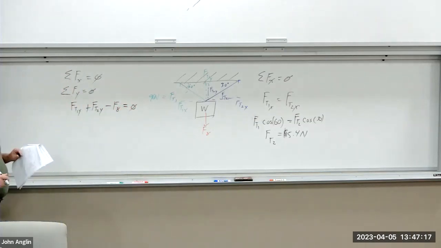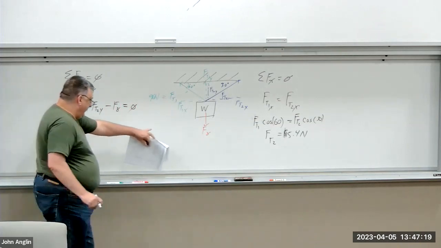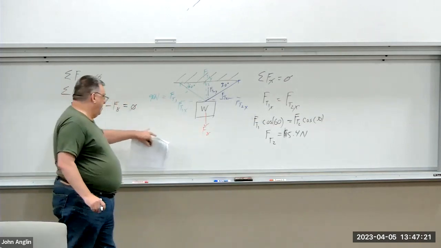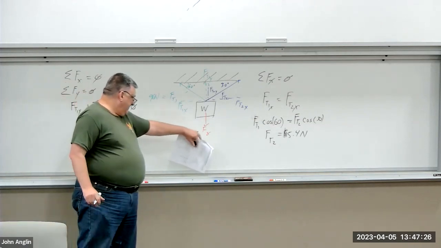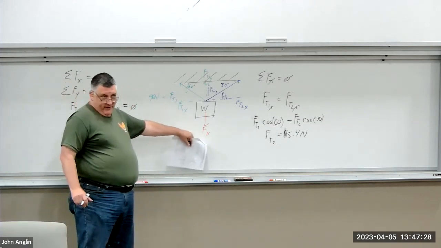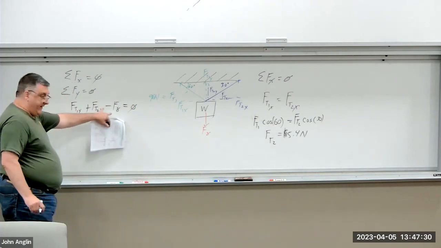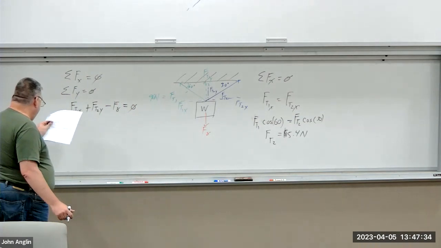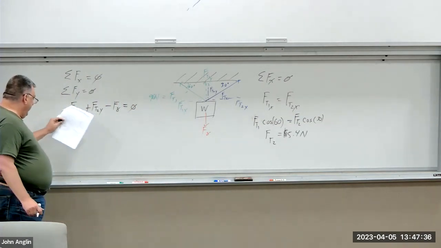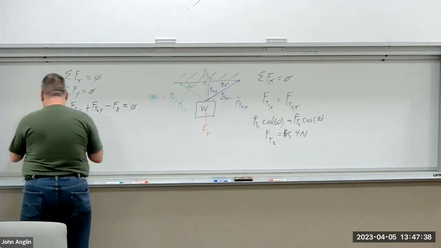It's got to be 0. Don't forget that, right? You can't just add these together because that defeats the purpose. We're trying to overcome this gravity. It's in the negative direction, so we'll just do a minus there.